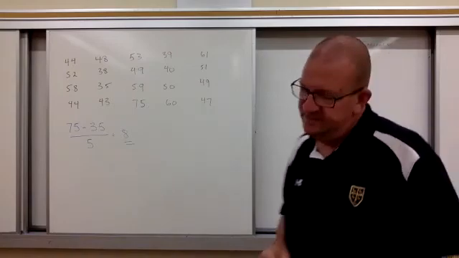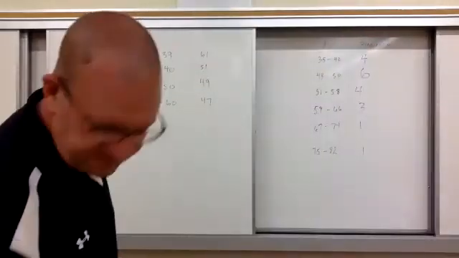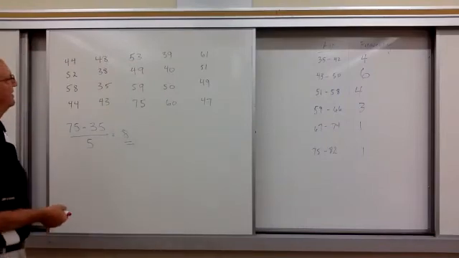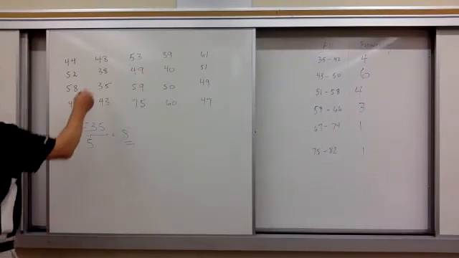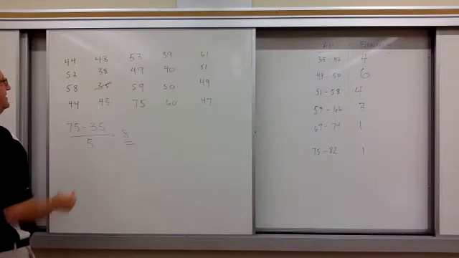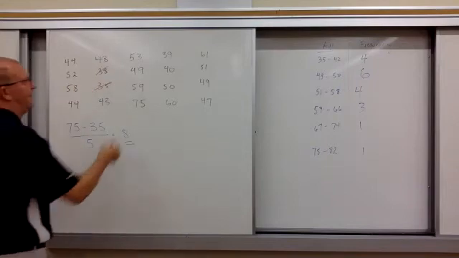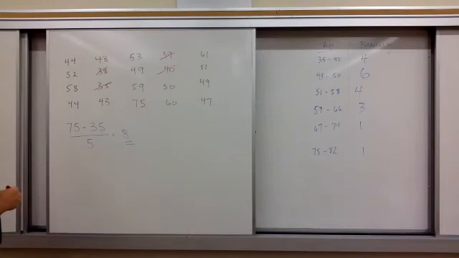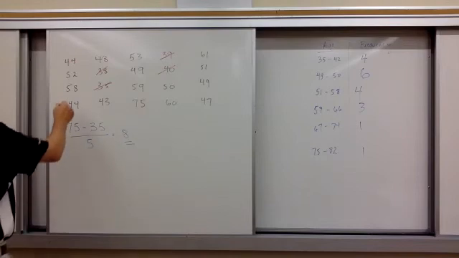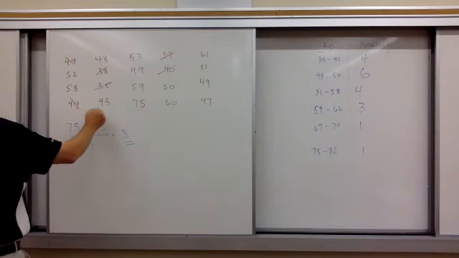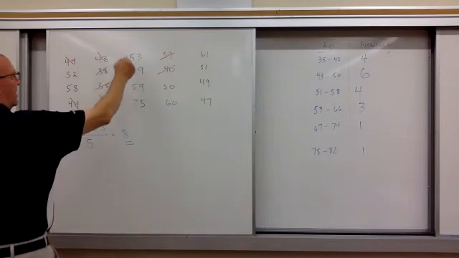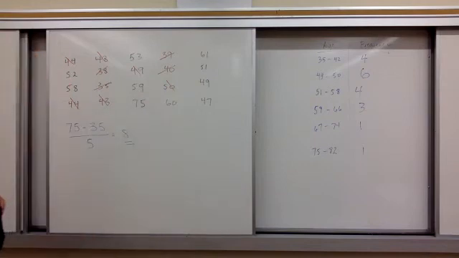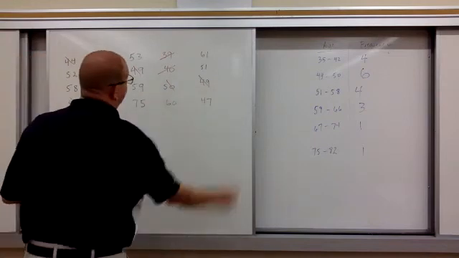Okay. 1, 2, 3, 4. Right? And then 43 to 50. 1, 2, 3, 4, 5, 6, 7.